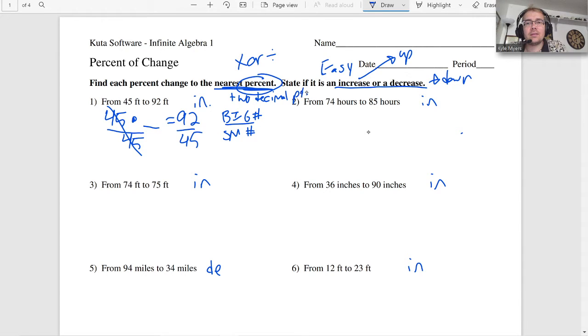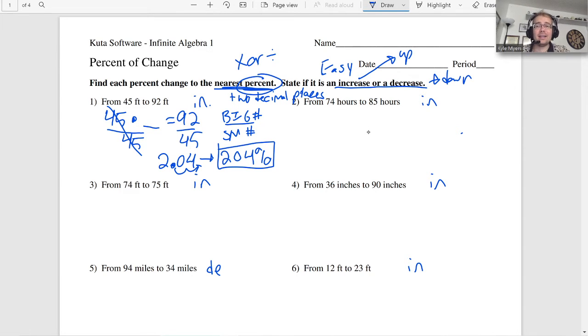Okay, so 2.04 is what I get. And if I want to change that from a decimal to a percent, then I move the decimal place over 2 spaces to the right.